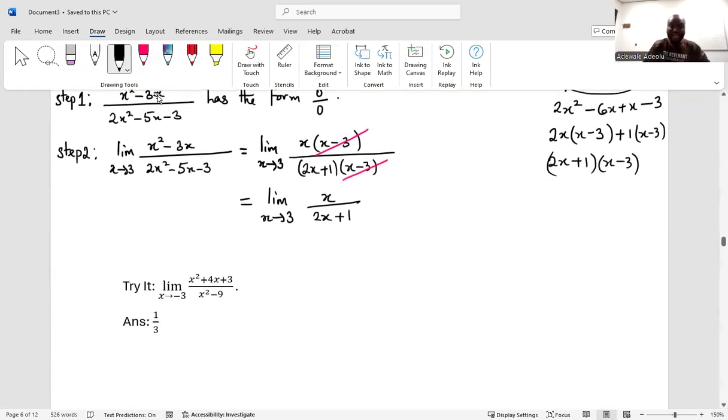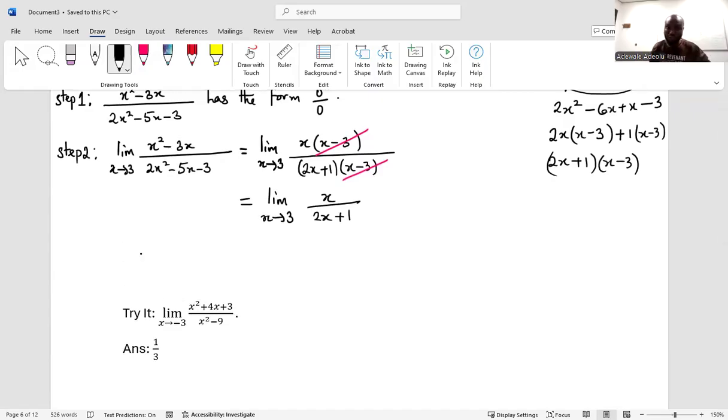Now, when I have this, the next thing I will do is to plug it in. So if I do that, that will be 3. The denominator is not going to give me 0. Ooh. So I will say this equals 3 divided by 2 times 3 plus 1.